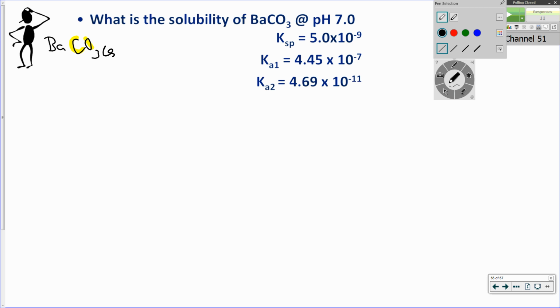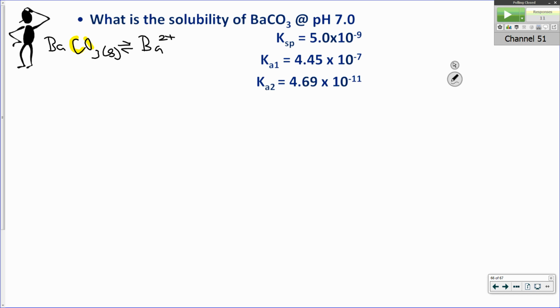Barium carbonate solid dissociates to form the barium cation 2+ and a carbonate. And I can write a KSP expression for that. It's equal to the concentration of the barium 2+ times the concentration of the carbonate.